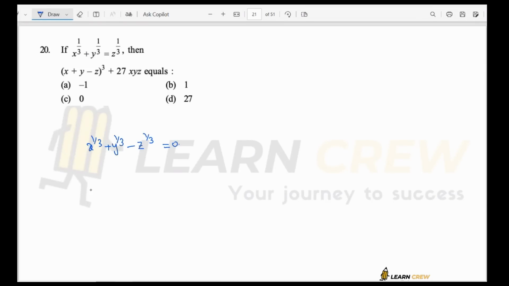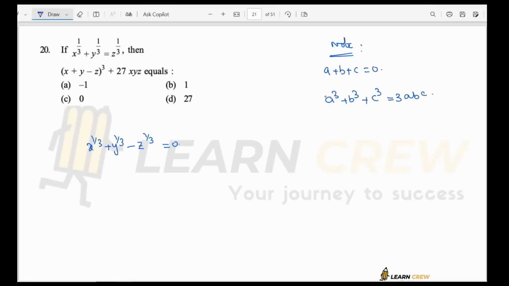What does it mean? A plus B plus C is equal to 0. Remember, there is a note point. If A plus B plus C is equal to 0, then A cube plus B cube plus C cube is equal to 3ABC.